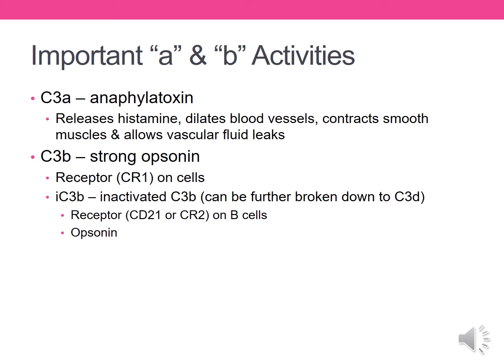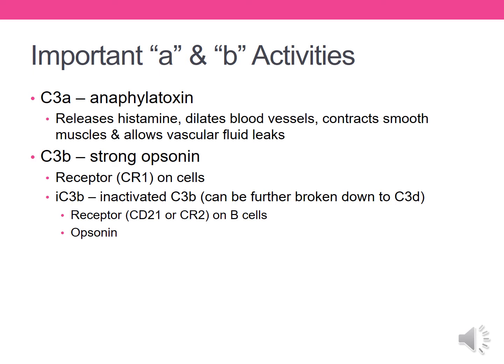C3b is considered to be a strong opsonin, and we will go into great detail about C3b, especially in the other pathway, the alternative pathway. So C3b is considered a strong opsonin. It can bind to the CR1 receptor on cells.